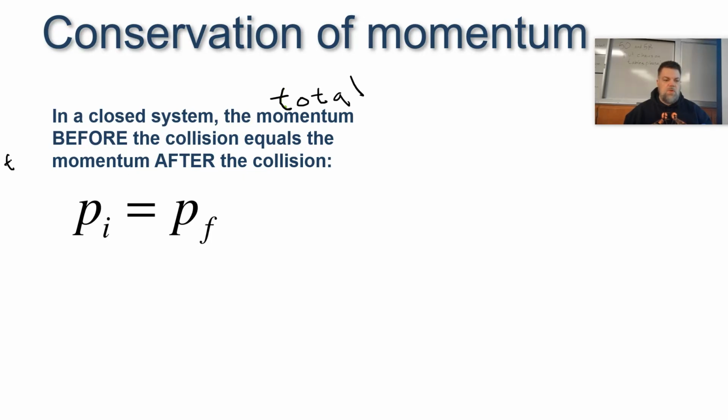And then over here, put total momentum. And we always use the subscript notation, I for initial and F for final, right? And we'll use that for the velocity. The masses never change, at least in the examples we're doing.